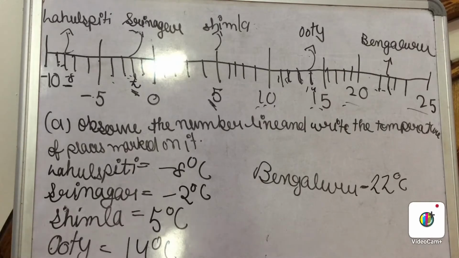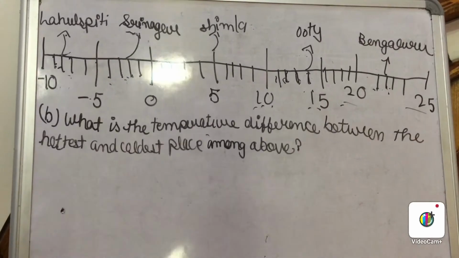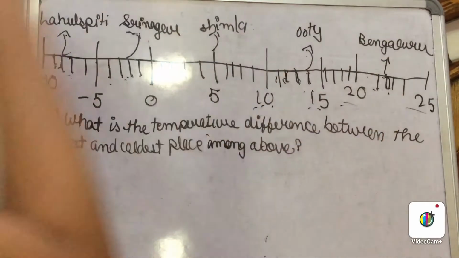Let us come to part B. Part B is: what is the temperature difference between the hottest and the coldest place among the above? So we just mark the hottest and the coldest places. Lahul Spiti is the coldest place and Bengaluru is the hottest place.